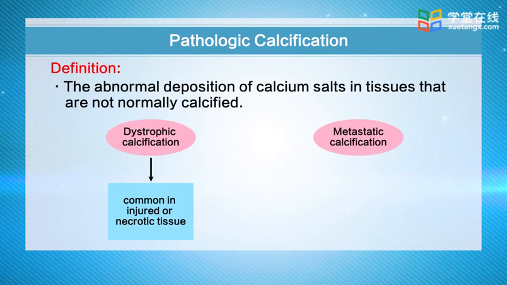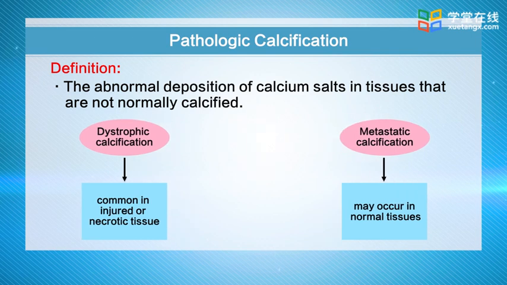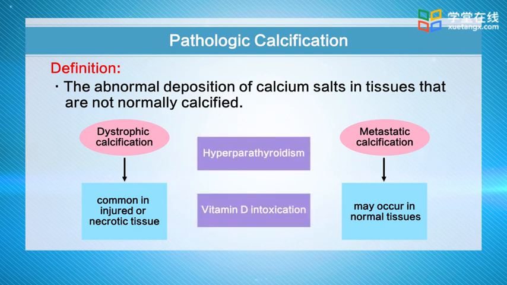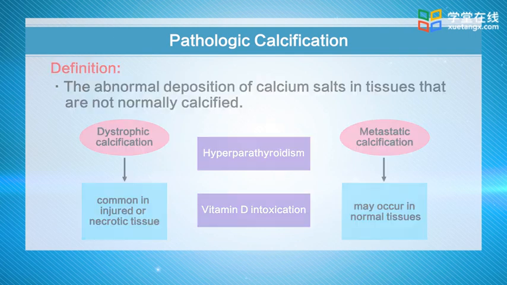In this condition, there is generally no systemic abnormality of calcium metabolism, and the deposits are localized. The other type, metastatic calcification, may occur in normal tissues whenever there is hypercalcemia. The causes of hypercalcemia include hyperparathyroidism and vitamin D intoxication, etc.